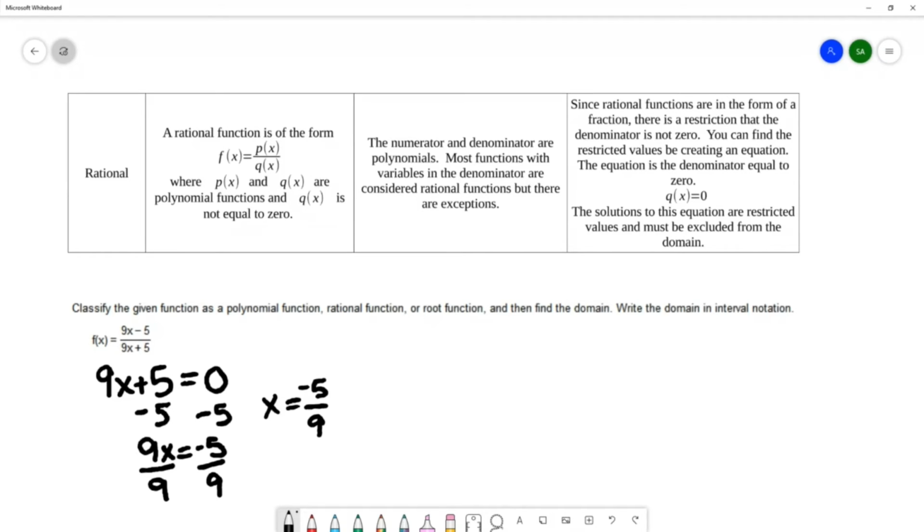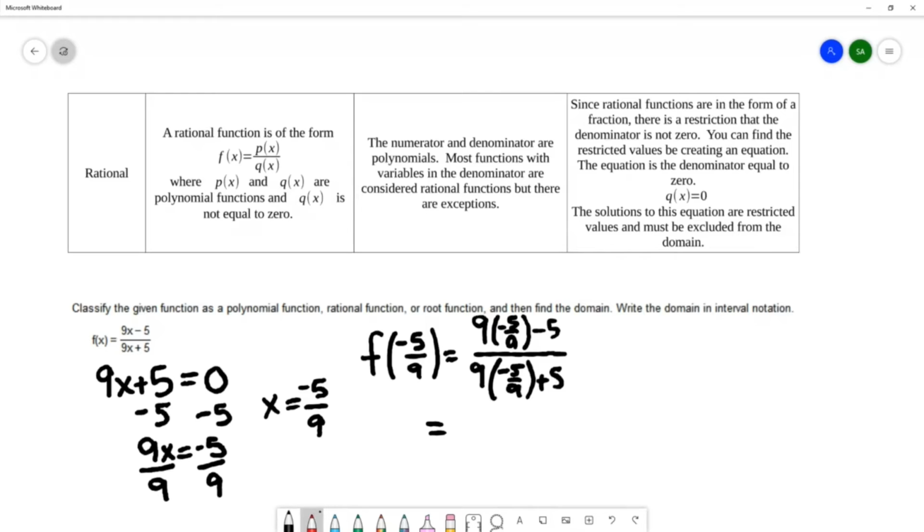Let's actually see it. If I try to do f of negative 5/9, that would be 9 times negative 5/9 minus 5 over 9 times negative 5/9 plus 5. These 9s would cancel out, and you have negative 5 minus 5 over negative 5 plus 5.